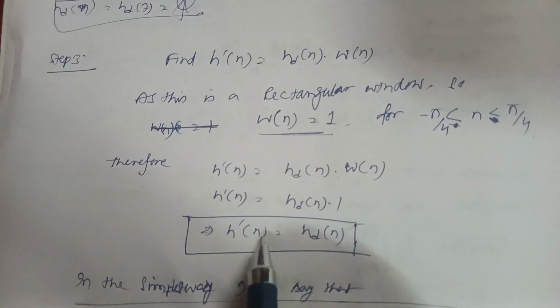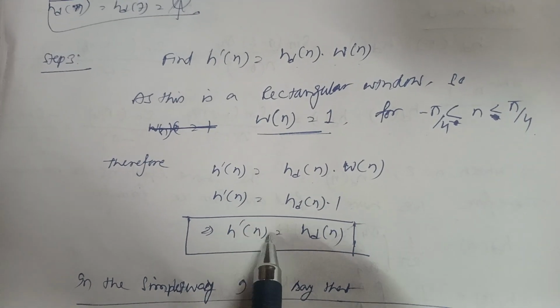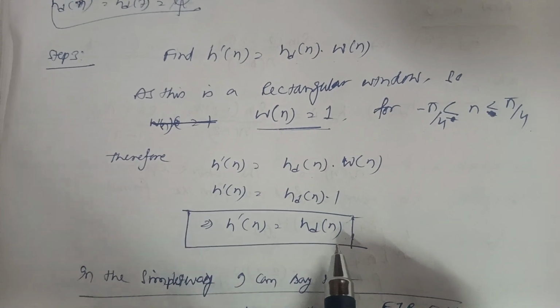Finally, w of n equals 1, so h dash n equals only the value of hd of n. This is the total about the rectangular window. I hope you understood these things, and if you have any doubts you can ask.